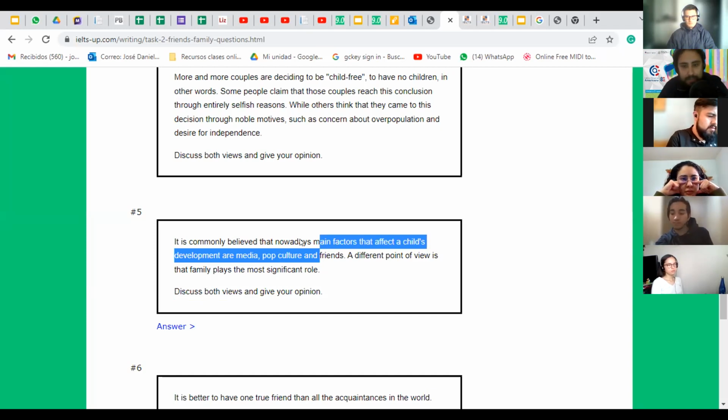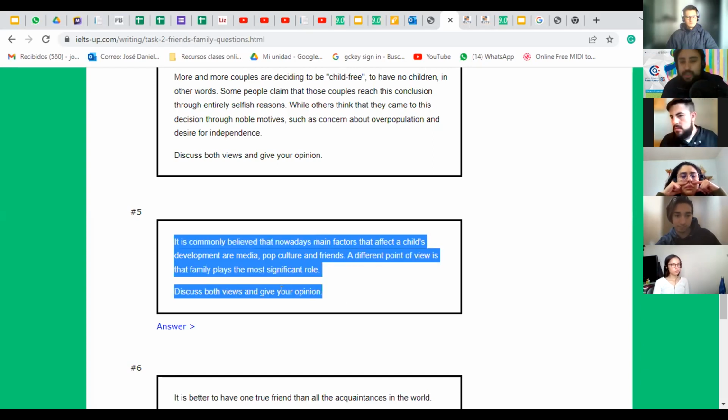I disagree. I actually think that family is more important because of this and this and that. But if the essay asks you to discuss both ways, you should actually discuss both ways. Maybe a good rule of thumb is that you could devote one paragraph to one point of view, the second one to the other, and then in the introduction and conclusion, you just express what your own idea is.